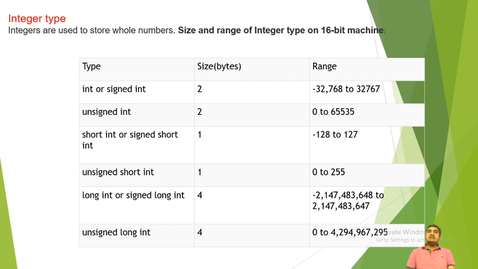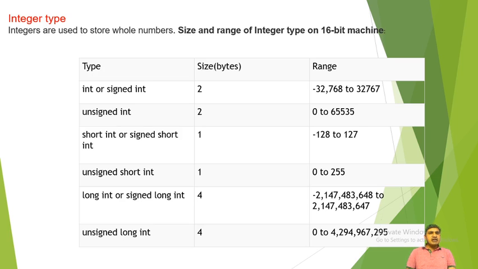The size and the range of integer types on a 16-bit machine, this is the size and the range. First, integer or signed integer. The size is 2 bytes. 2 bytes means it is 16-bit. 1 byte is 8-bit.